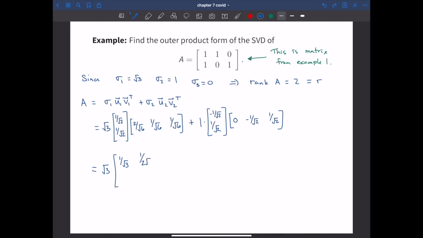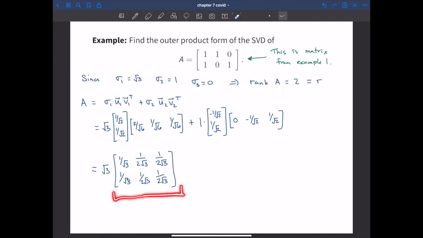I'm going to draw this a little bit more carefully. So 1 over 2 rad 3 and 1 over 2 rad 3. Really testing myself in the simplifying fractions with radicals in them department here. This is going to be 1 over rad 3 down here, and then 1 over 2 rad 3 and 1 over 2 rad 3. Okay, so this is a rank 1 matrix.